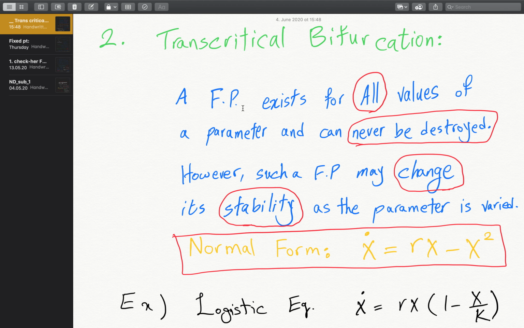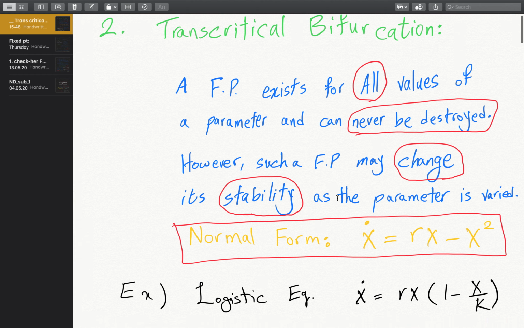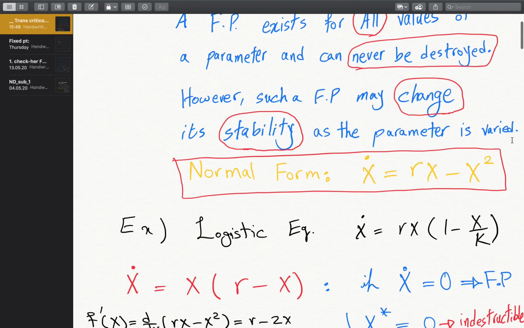If the fixed point is never destroyed, and for all values we have a fixed point, then we have transcritical bifurcation. However, the fixed point changes in stability as the parameter is varied.